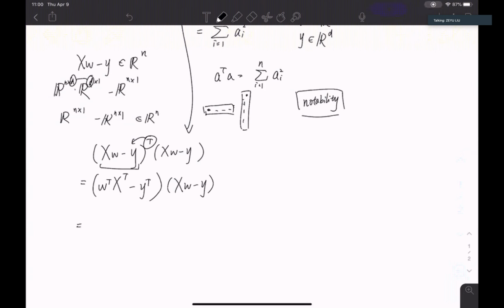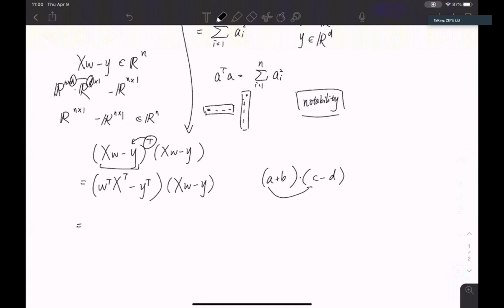And then remember in the matrix multiplication case, A plus B times C minus D will follow the distributive law in terms of normal math operators.